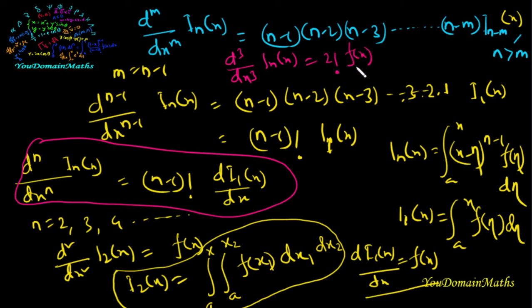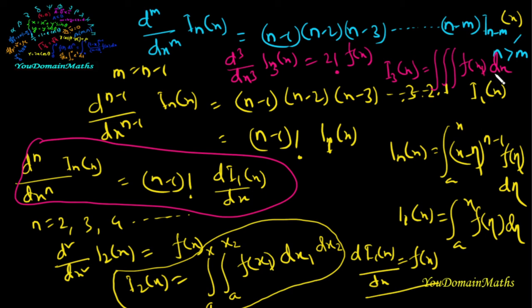So we can write it simply from here. The result is I_3 of x equals the integral, there are 3 integral signs, of f of x dx.